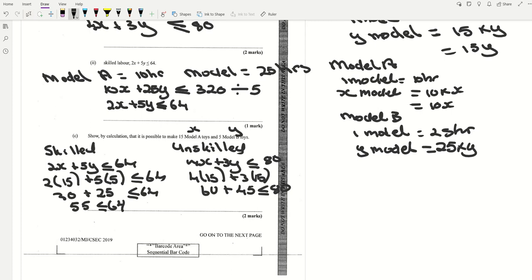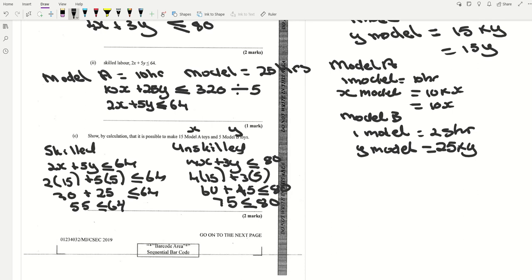That is 3 by 5. I don't know why I put 15 for y. 3 by 5. 3 by 5 is 15. So 60 plus 15 is equal to 75. Alright, so 75 is less than or equal to 80.